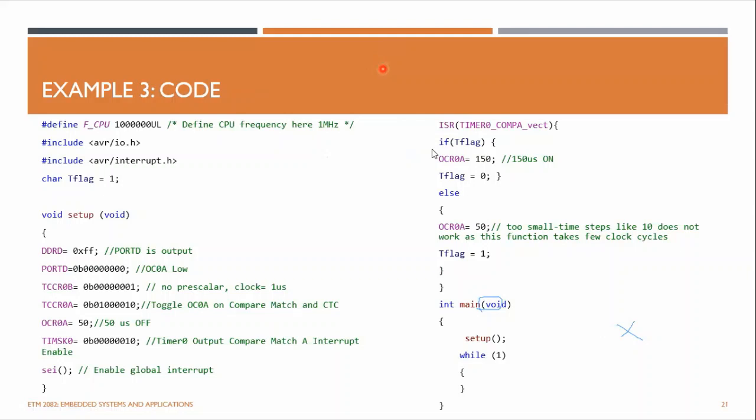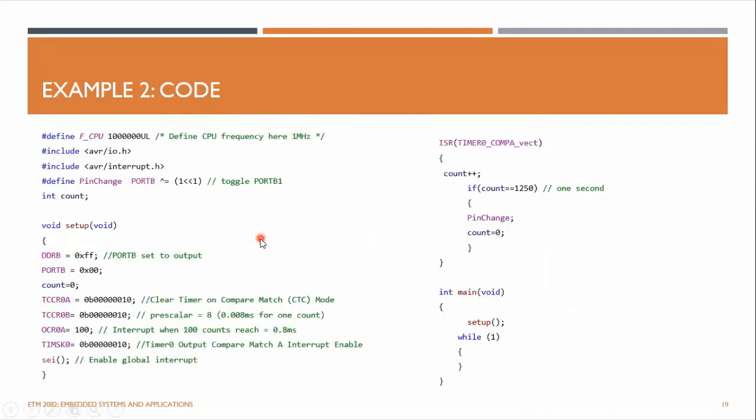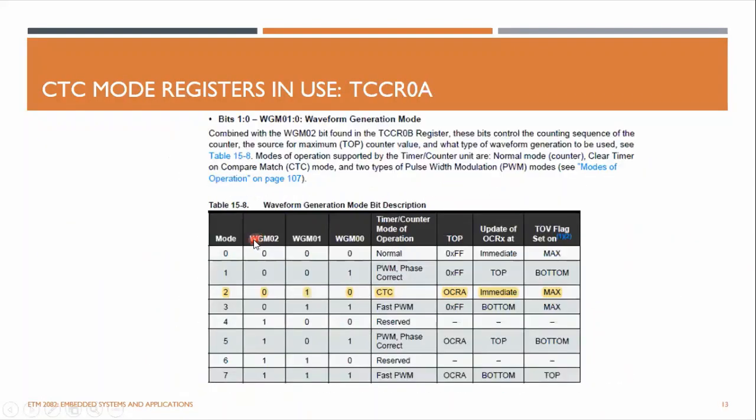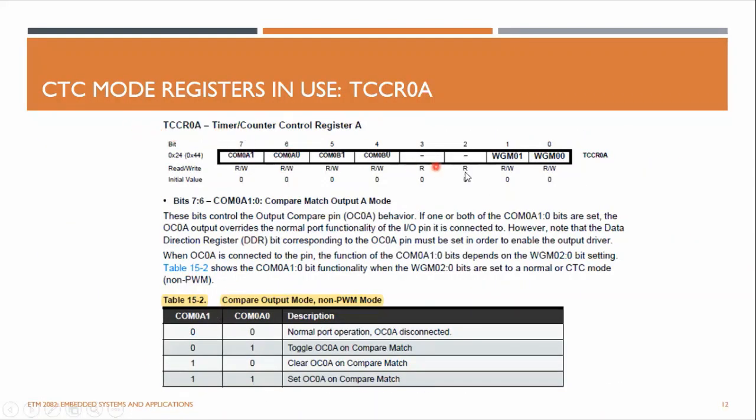Now the code will be the same, but instead I am using the toggle of the OC0A pin in the compare match mode. So in that case, the TCCR0A register, this one, right?